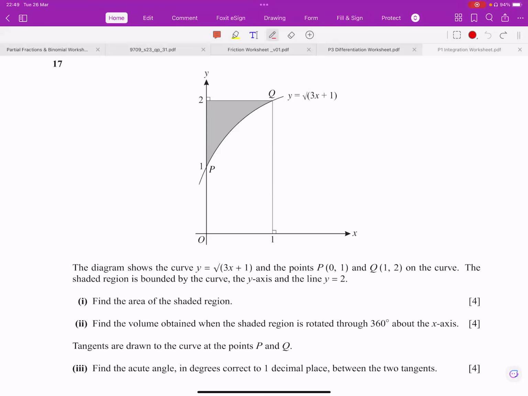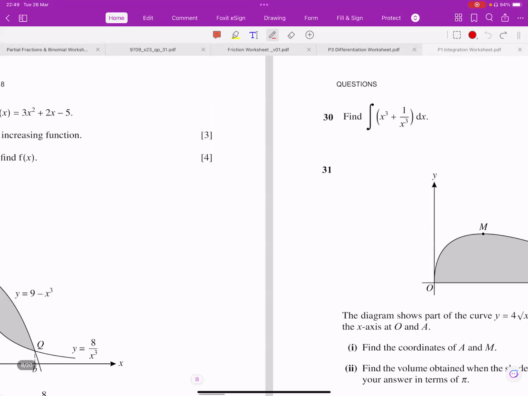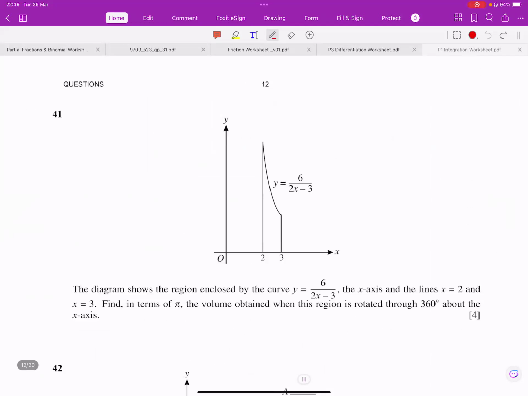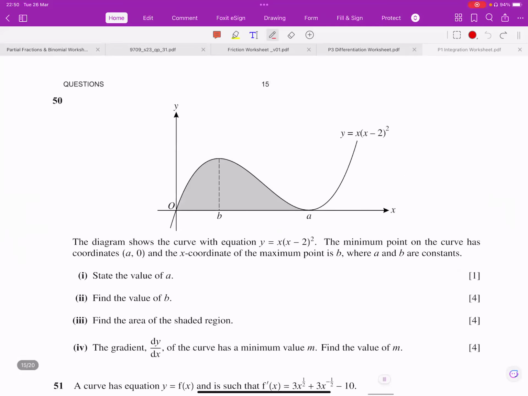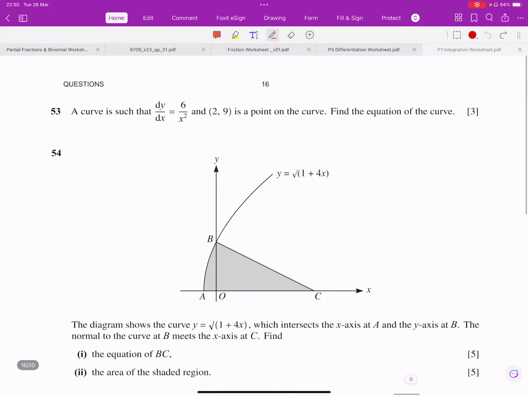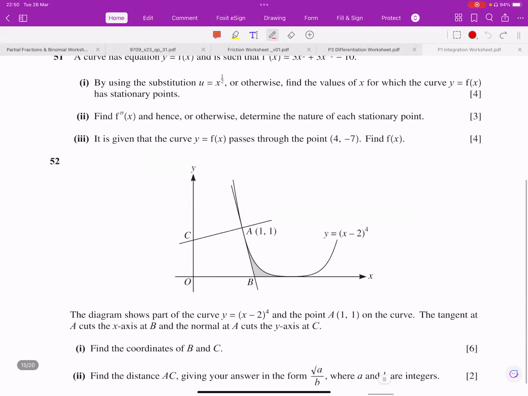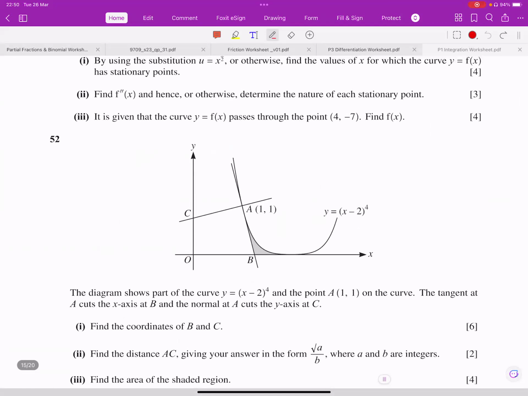What about 41 and 52? Have a look at them as well. Okay, there's only one part, which means it's the whole question. We'll have a look at this 52.